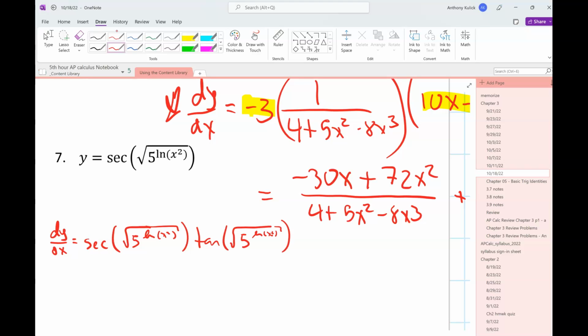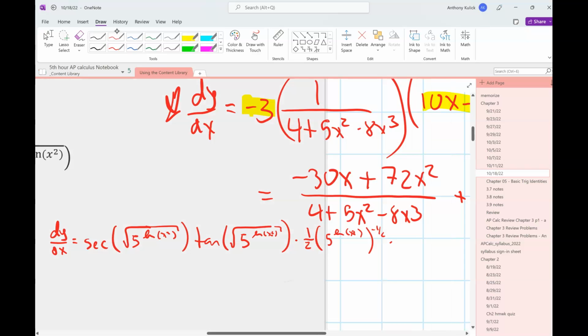So the derivative of secant is secant times tangent, right? The secant x, tangent x. And the thing inside secant is x. And then I'll do the square root. And then we have to do the derivative of the inside, so that's 5 ln of x.